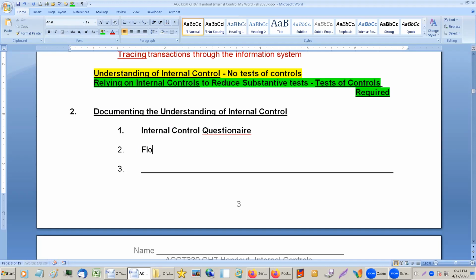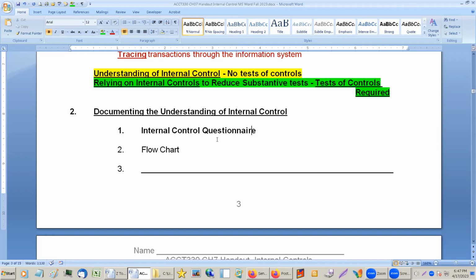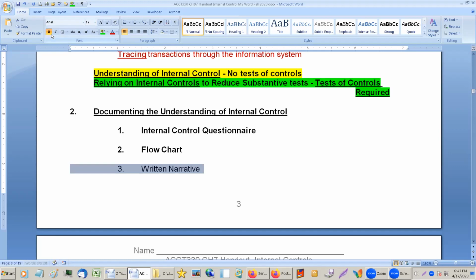The second one is a flow chart. The third one is a written narrative. So you must use one, but whichever one you pick, that's all you need.